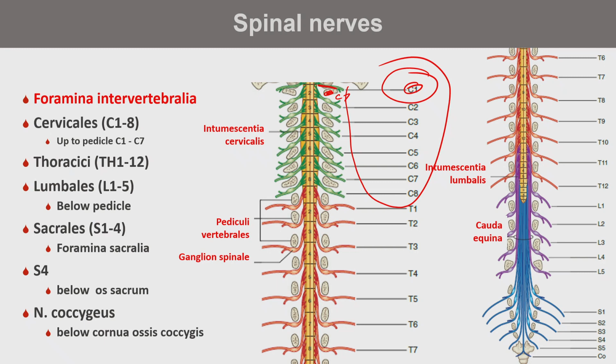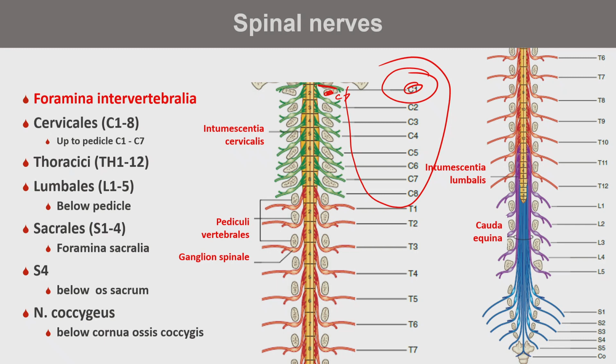Above TH1 is a C8. Yeah? Then this is a borderline where we have all the numbers of the spinal nerves below this. So when you have a patient with a stenosis at the level L2, L3, the stenosis is affecting the spinal nerve or root.